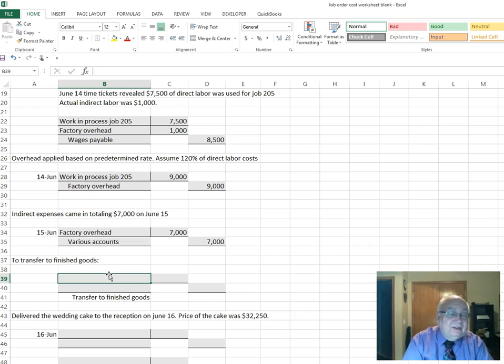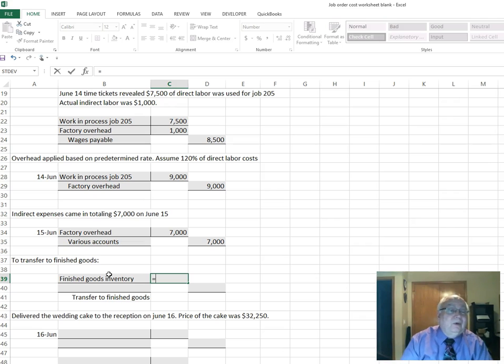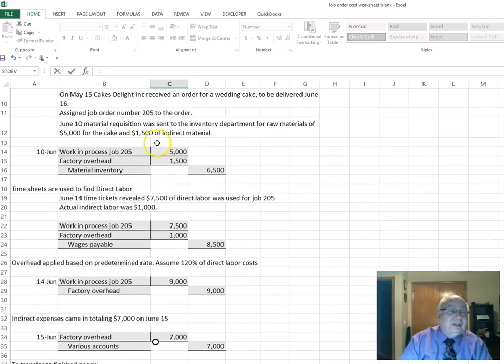Okay, now to transfer this to finished goods, we have to look at what is in the work in process. So we want to debit the finished goods inventory because we're assuming we're finished with it. Now to get this, you can have a T account for it, but we look at the work in process for this job 205.